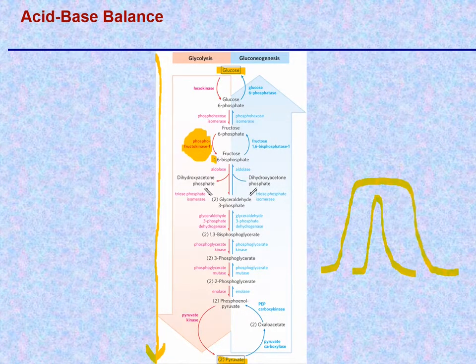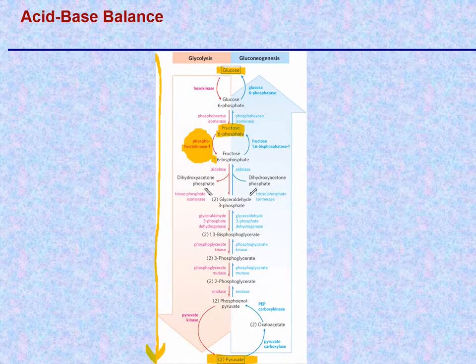The substrates for that enzyme will build up in concentration. None of the final product, pyruvate, will be formed if this is far outside of its optimal pH range. If it's a little bit outside, then the whole pathway will just slow down. But again, you can see the importance of pH for metabolic pathways.